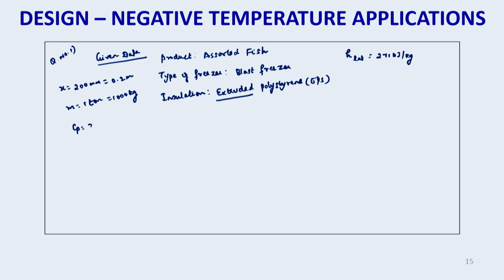CP is equal to 3.78 kilojoule per kg Kelvin, this is above freezing. And CP is equal to 2.14 kilojoule per kg Kelvin, this is below freezing.